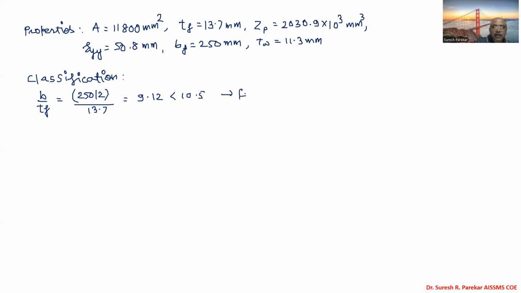So the flange is compact. Then we have d by tw.